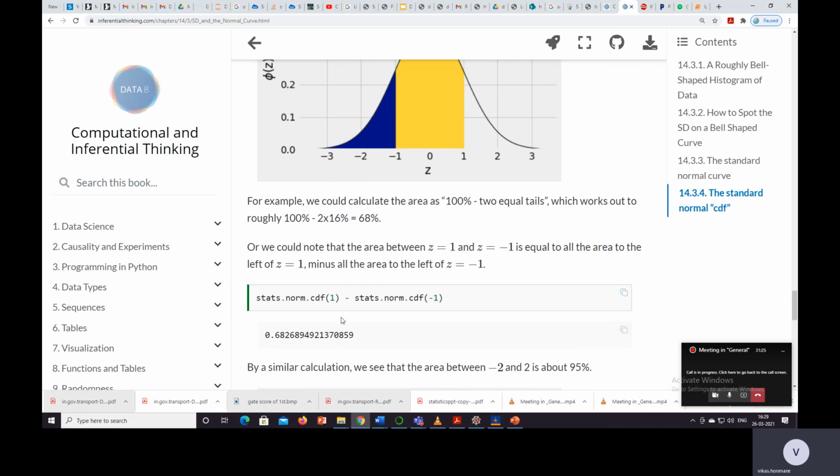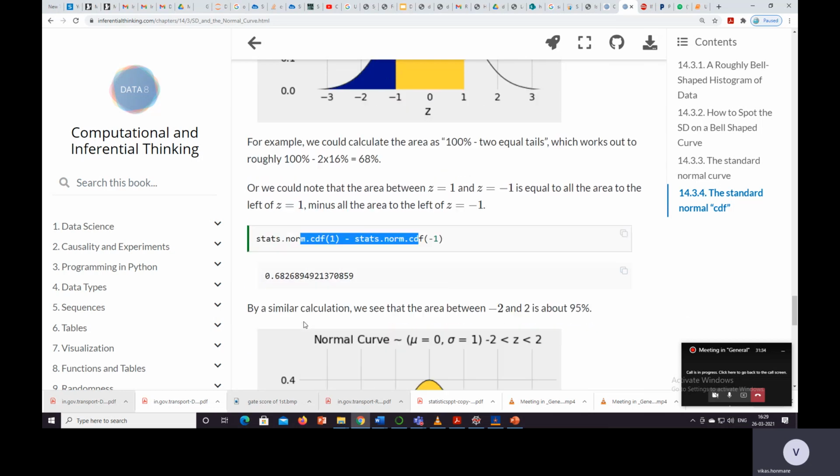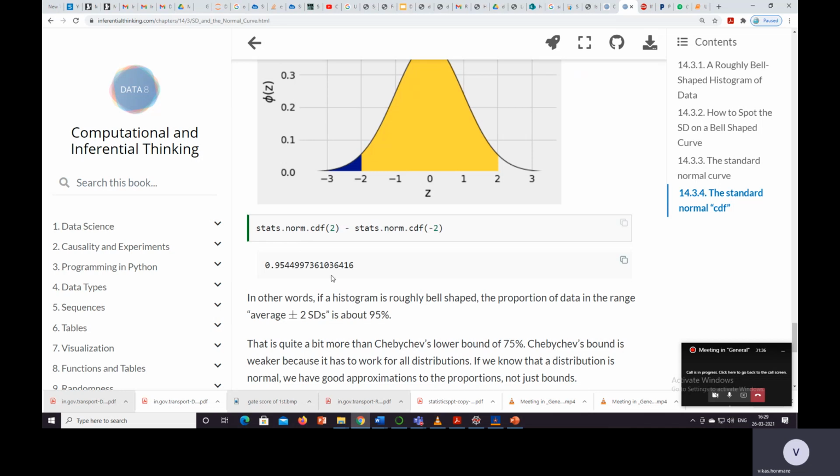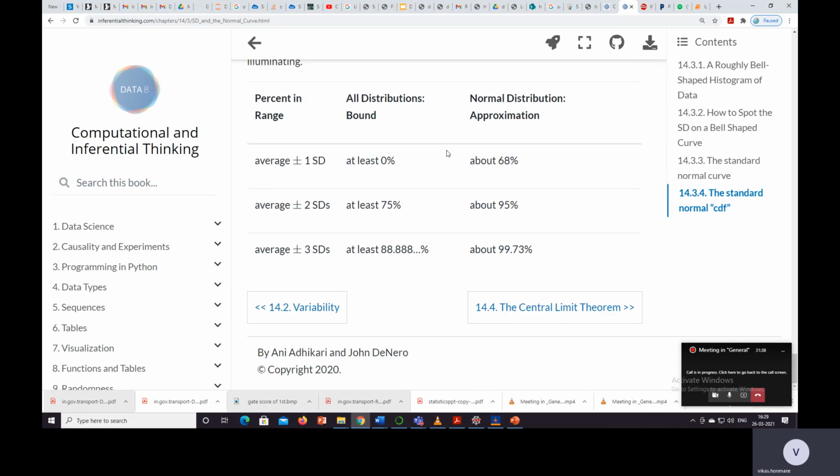It is 68%, which we have computed here. For two standard deviations away, it is 95%. So for the normal distribution, about 68% is within average plus minus 1 SD, and about 95% within plus minus 2 SD.